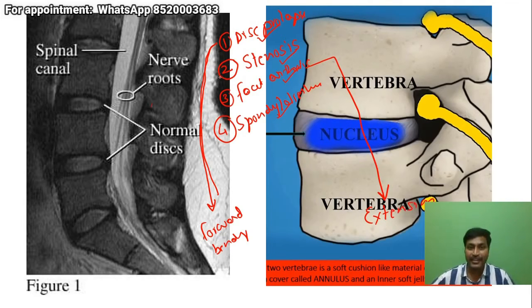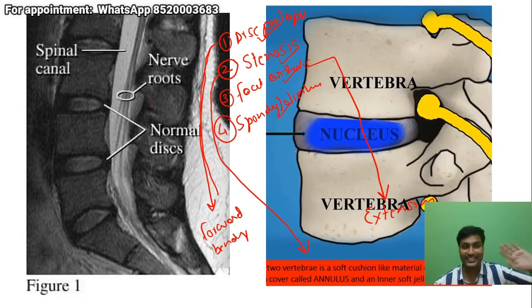Can anyone tell me what happens with the symptomatology of stenosis in forward bending? Symptoms of stenosis increase in what? Forward bending or backward bending? Yeah, facet arthritis extension, disc prolapse flexion. It's excellent. Now come to stenosis.